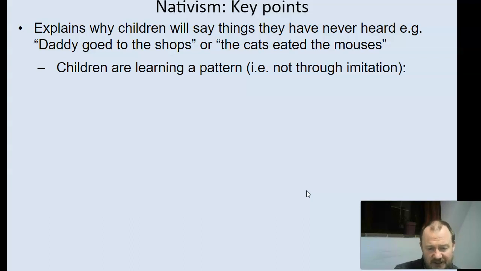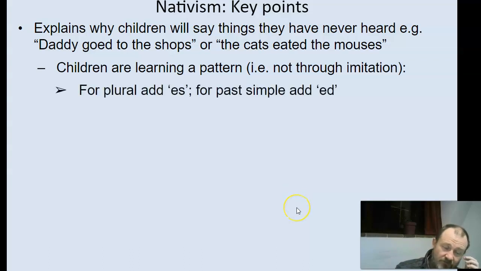There is an element of imitation, but that's not the primary driver of the language learning process. The primary driver is stuff that's happening here inside the brain, the hypotheses that the children form. Obviously, this is not happening on a conscious level. The children have managed to figure out that for plurals I need es, and for past simple I need ed.